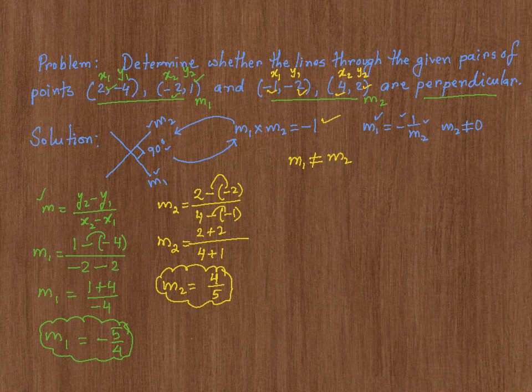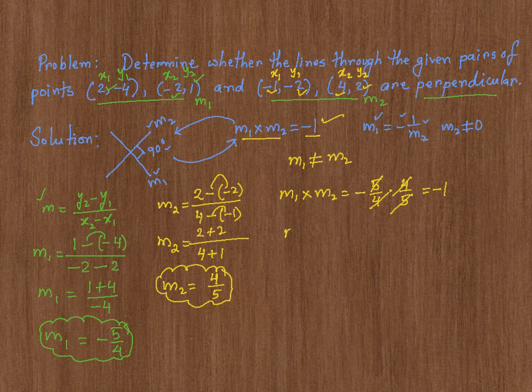Remember, if they are perpendicular to each other, then the product of their slopes must be negative 1. So m1 times m2 is equal to, m1 is negative 5 over 4 times m2 is 4 over 5. Now this 4 and 4 cancels, 5 and 5 cancels, that gives me negative 1.